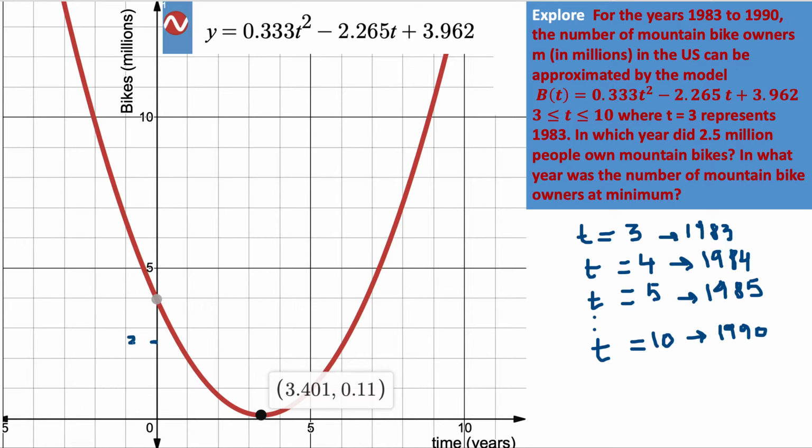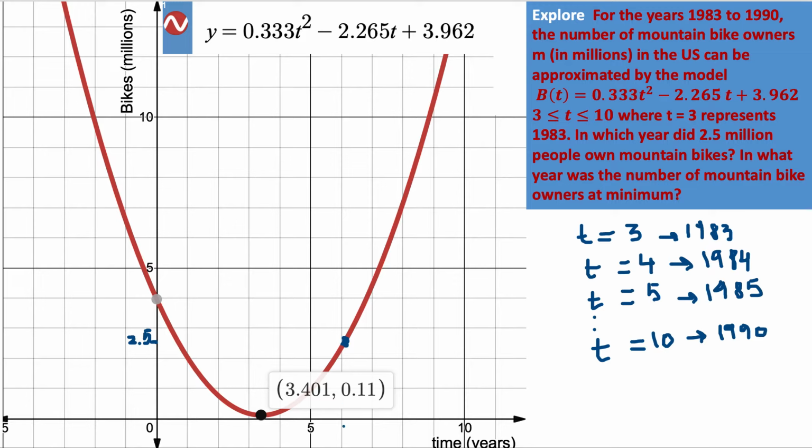But 2.5 means 2.5 million, because the numbers on the y-axis represent bikes in the millions. So in between here is 2.5. If I go horizontally this way, I'm going to hit the graph somewhere.